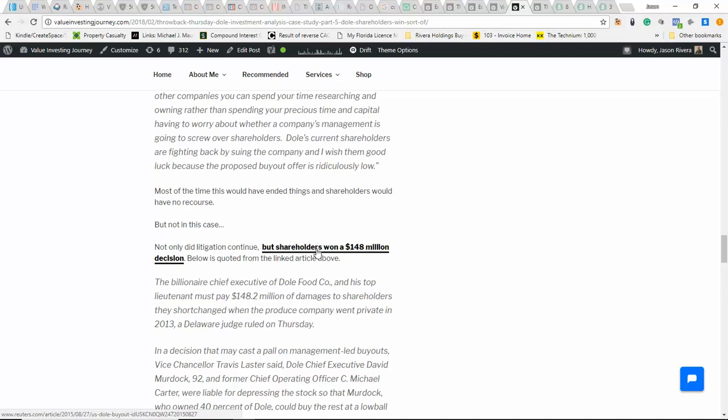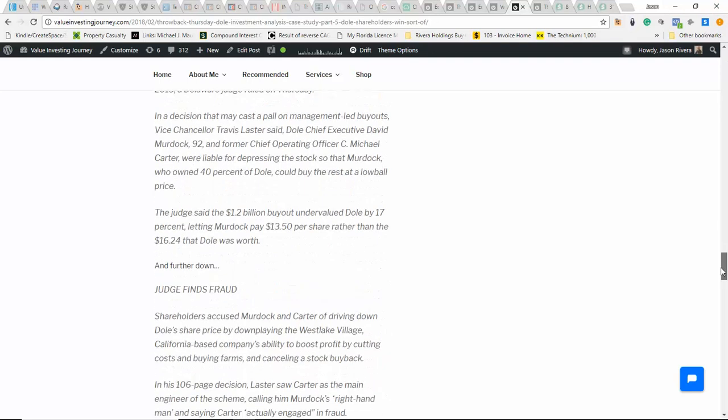Again, $148 million is nothing compared to potentially more than $1 billion worth of hidden assets and undervaluation, but at least it's something, and it's on public record that the company was doing illegal stuff.